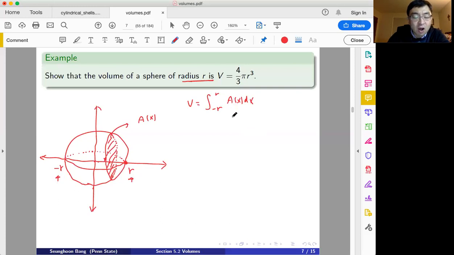A(x) is the area of this circle, the cross section. I can draw this part again here. So we have a circle, right? This cross section is exactly a circle. You can choose the center. What is the radius? Do you know what the radius is?